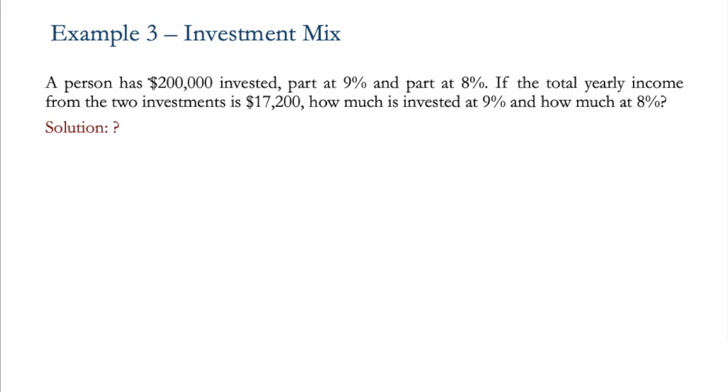Okay, so now you have here a person has a total amount of money equivalent to 200,000. Part of it is at 9%, part is at 8%. I mean, there is the first investment, 9% yield, second investment, 8% yield. If we invest in these two, the total investment income earned is 17,200 in terms of dividend.